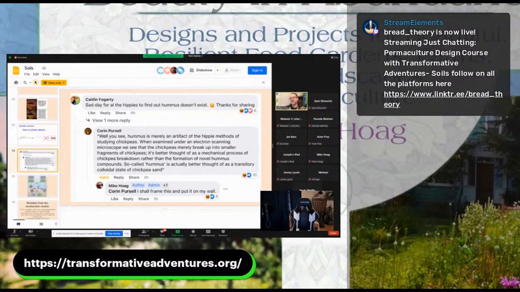Carbon just continues to break down and be cycled through all sorts of different living beings. We know now that it can be bonded to some extent with the minerals. This is called mineral associated organic matter. MAOM is what people are calling it. So MAOM compounds, mineral associated organic matter.